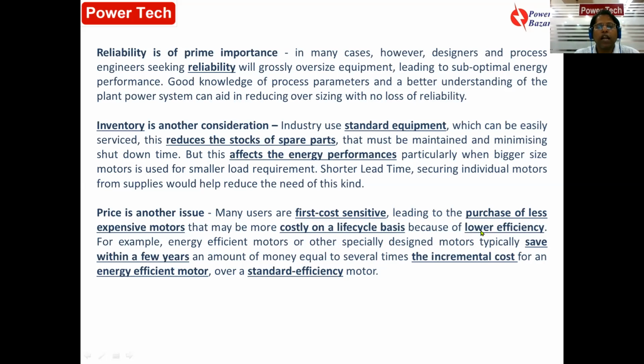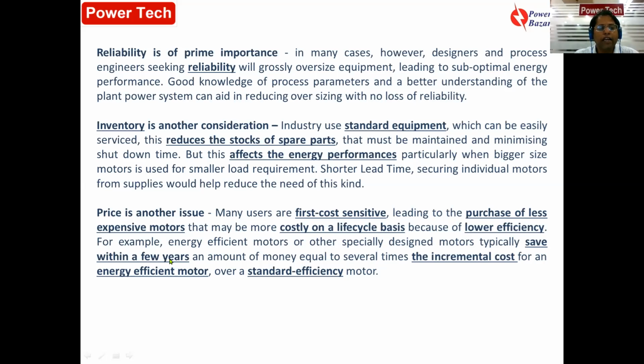That means with lower efficiency, the life cycle cost will be high, because it will take very high current, and the energy losses will be more. So within a period of 2 years, there will be huge variable losses or variable cost, which will nullify the initial low cost of a standard efficiency motor.